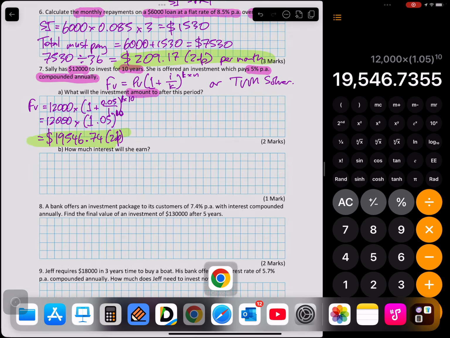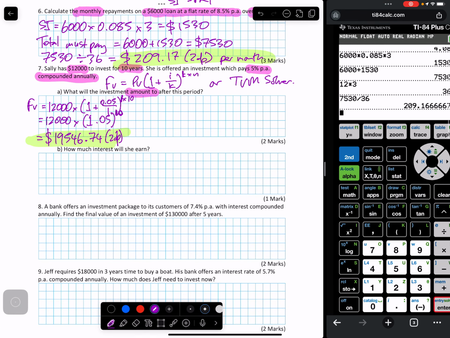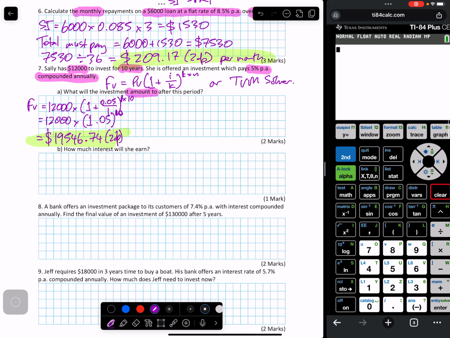We could also do it using TVM Solver, which was what I encouraged you to do because I showed you how to do it. So TVM Solver, apps, finance, TVM Solver. So I tell the marker what I put in. I'm going to find FV, put a star next to that.